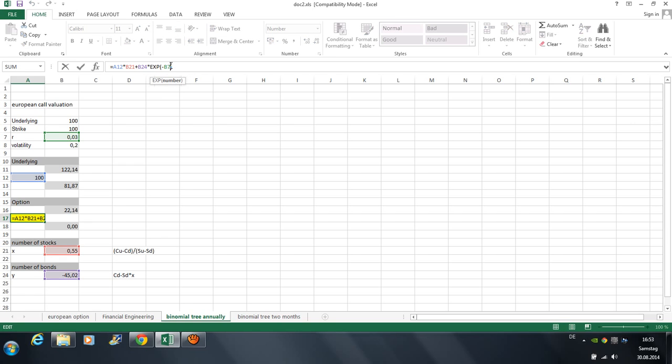You can also type in times 1, of course, it's the same amount because it's 1 year. So I did not use the time here because it's 1 year. But if it's a shorter period of time, then you would have to put in the time value here.